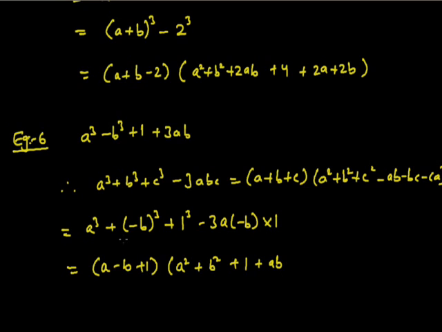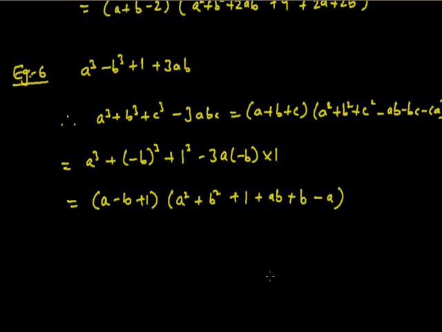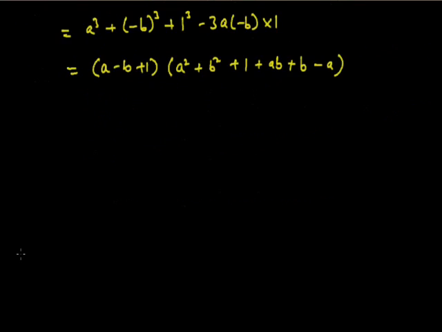Minus bc: here b is minus b, so minus b into 1 will become minus b, and minus already there, so it will become plus b. So a square plus b square plus 1, instead of minus ab it will become plus ab, instead of minus bc it will become plus b, and minus ca. Minus ca means minus a into 1, so it will become minus a. So in this way we have done the factorization here. This is the method of doing the factorization. We can use any identity, but it is very important to understand which identity is to be used where. Accordingly we can solve the question properly.